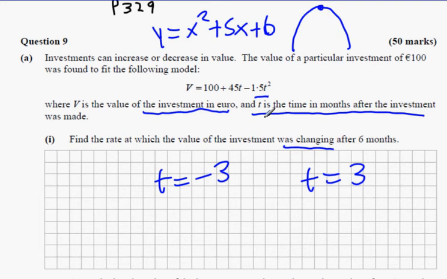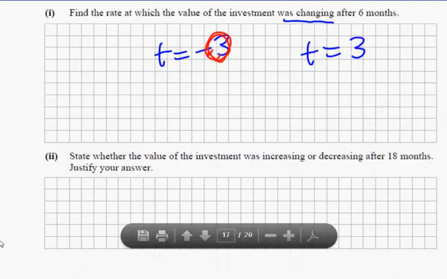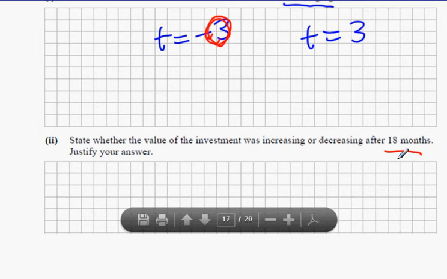Okay, because you can see that it represents the time in months, this part here. So t equals 3 is 3 months. What would t equals minus 3 mean? Minus 3 months. But that's not possible, is it? So our starting off value would be 0. Okay? Now if we read down the questions, you can see that it goes up past 18 months.